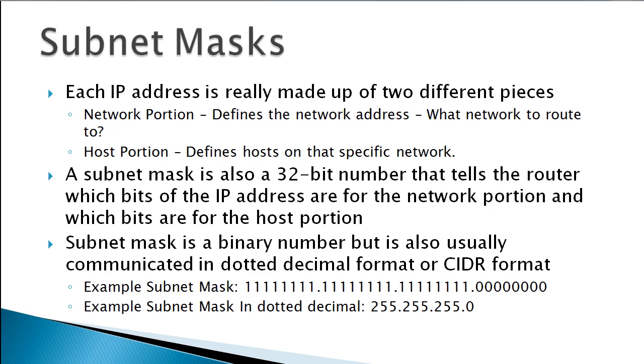Now, a subnet mask is actually a 32-bit binary number as well, but we also usually use the dotted decimal notation. So, for example, this subnet mask in binary comes out to 255.255.255.0 in the dotted decimal format, and that mask would tell our router which part of the 32 bits of the IP is for the network and which part of the 32 bits is for the host.